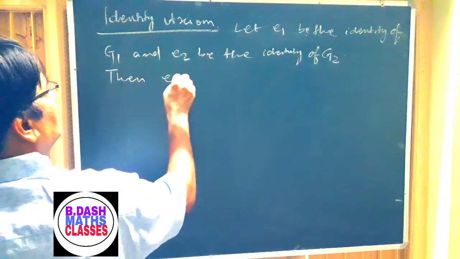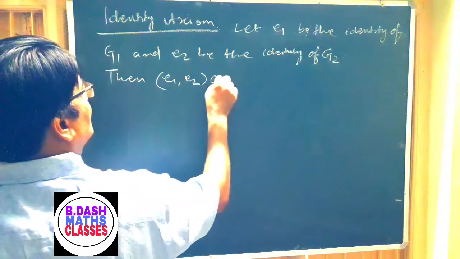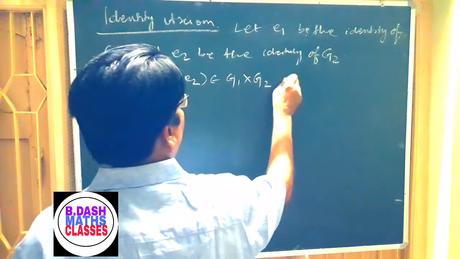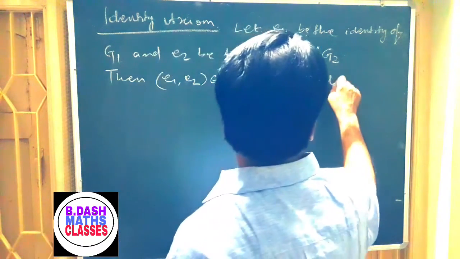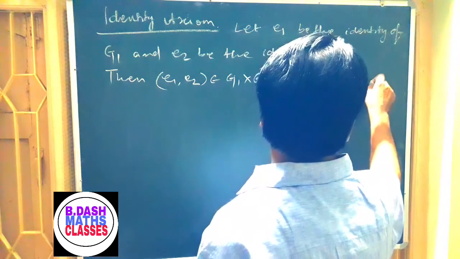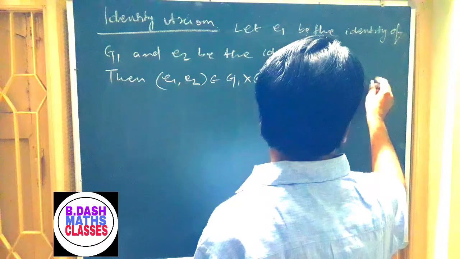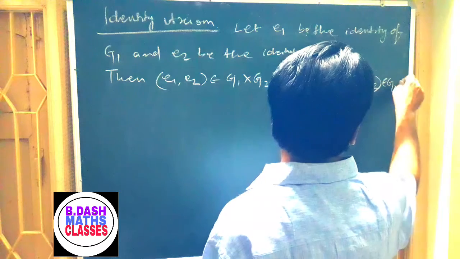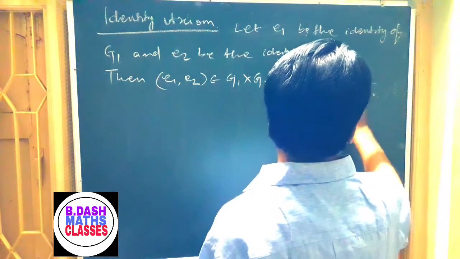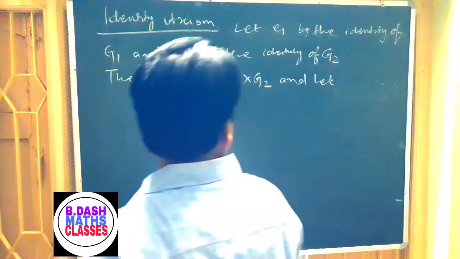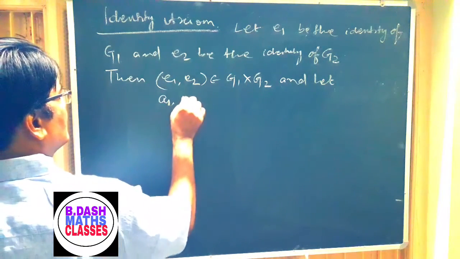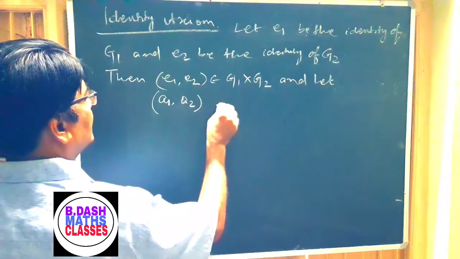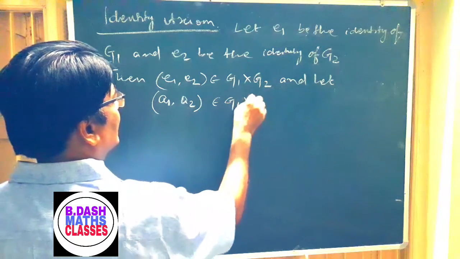Then (e1, e2) belongs to G1 cross G2, and let (a1, a2) belong to G1 cross G2.